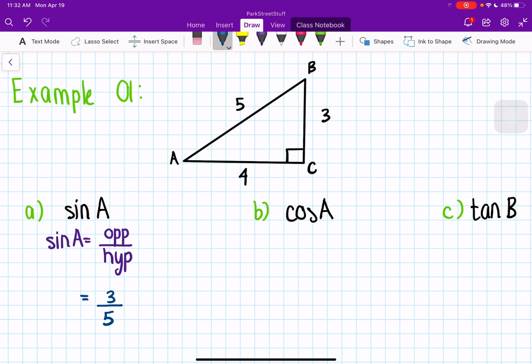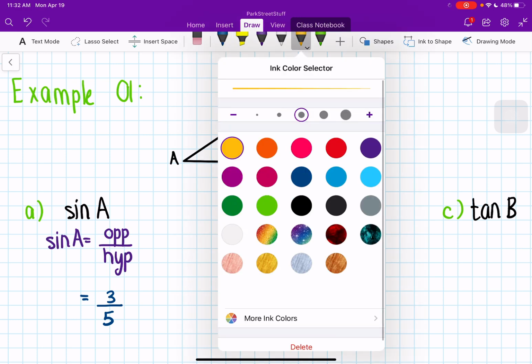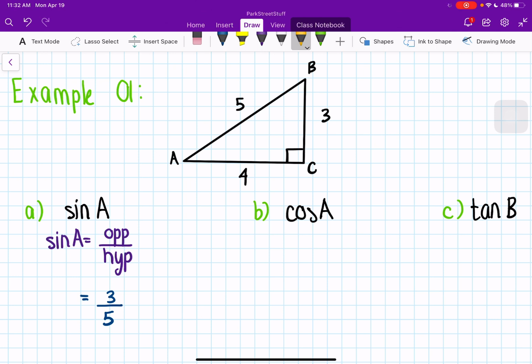Okay, so now they want cos of A. So remember, cos is adjacent over hypotenuse. So we look again at angle A and we want the adjacent. So there's the adjacent.